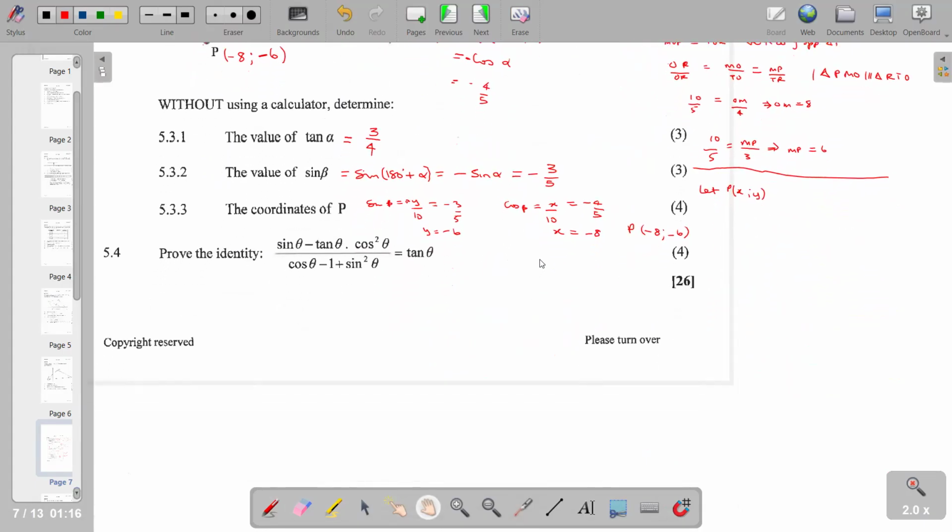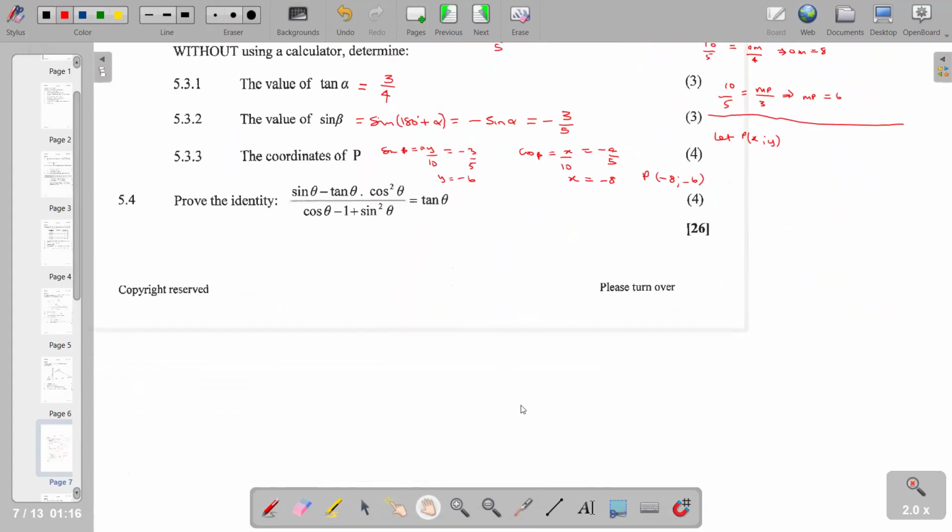Then we go to the last question, 5.4. They are saying prove the identity. So to prove this, we are just going to concentrate on the left-hand side.